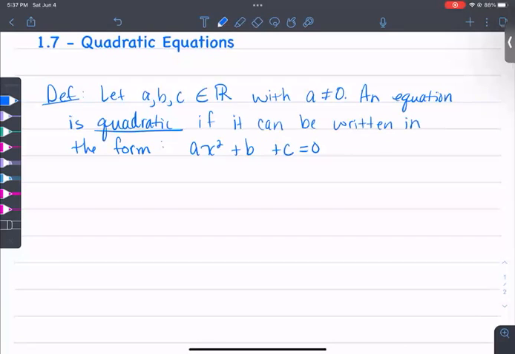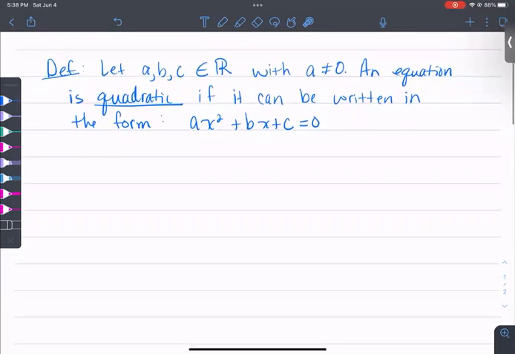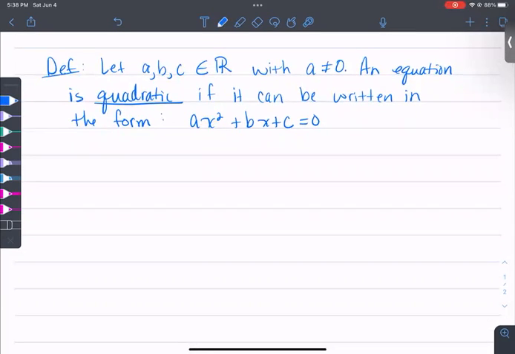I put a c, not an x. There we go. So what makes an equation quadratic in particular is this x squared term. So if we have a, b, and c are real numbers, these are just our coefficients. But we have to say that a cannot be a 0 coefficient, because if a is 0, then the x squared term is no longer there and it's not quadratic. So that's the reason for that restriction.